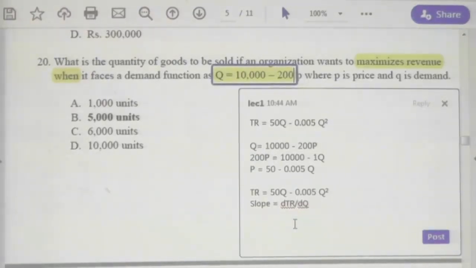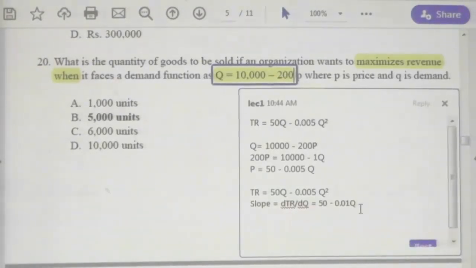That is the differentiation: 1 into 50 is 50, then 1 minus 1, so Q vanishes; then minus 2 into 0.01 Q, because 2 minus 1 is 1. This is the differentiation formula of the total revenue.